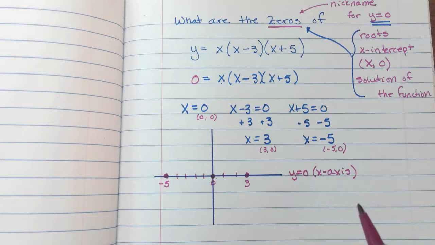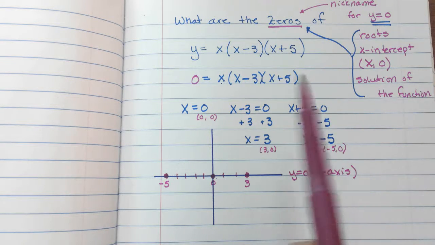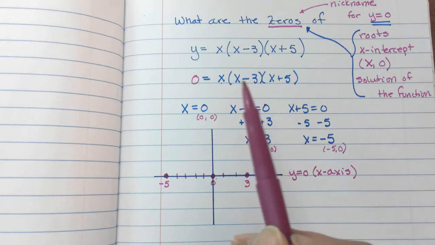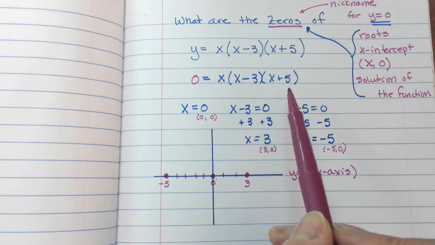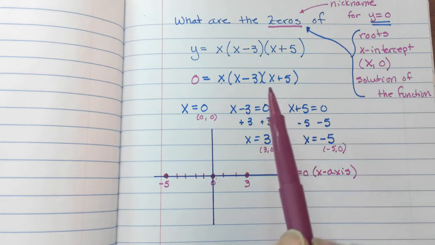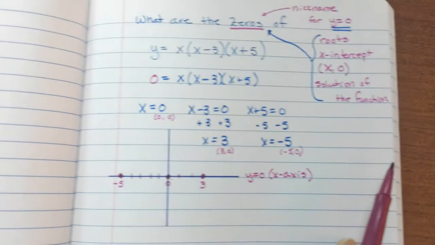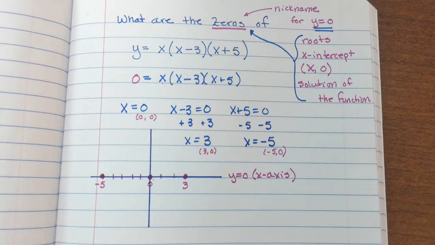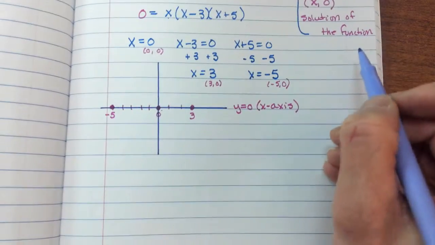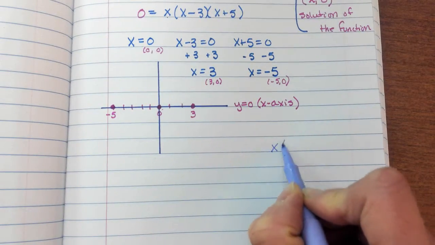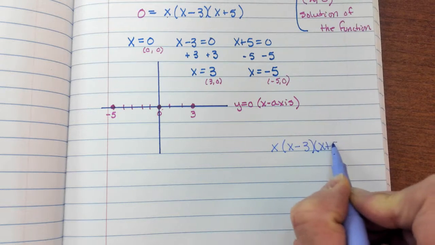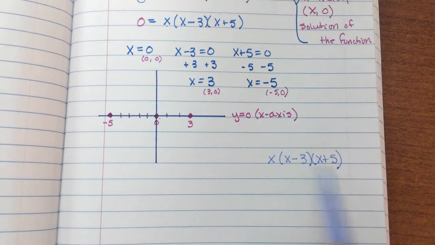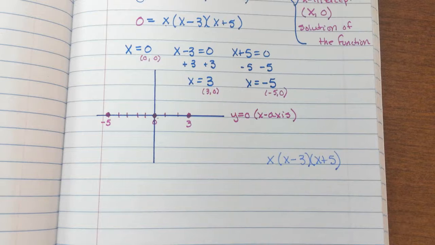Now I'm getting a little bit ahead of myself. There's this thing called multiplicity, which we can determine by looking at this. But let's just try to figure out what kind of function this is. If I had x times x minus 3 times x plus 5 and I were to multiply this out, I'm going to see that this is a third degree polynomial.